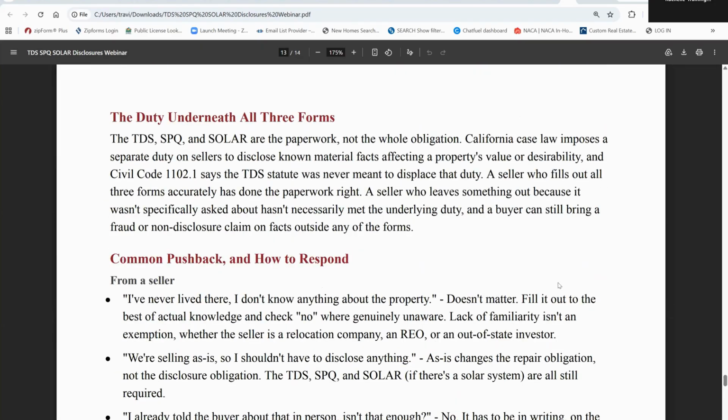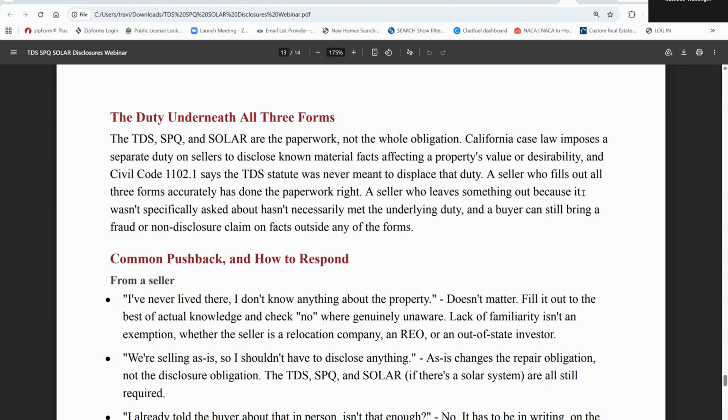The duty underneath all three of these forms, so the TDS, SPQ, and solar, are the paperwork, not the whole obligation. We do need to remember that. California case law imposes a separate duty on sellers to disclose known material facts affecting the property's value or desirability. And Civil Code 1102.1 says the TDS statute never meant to displace that duty.